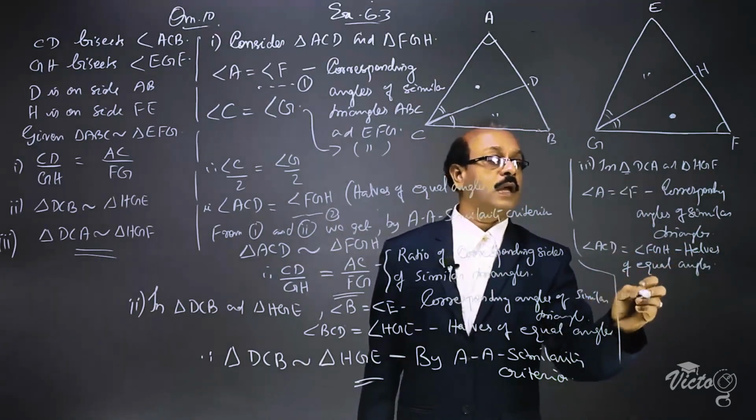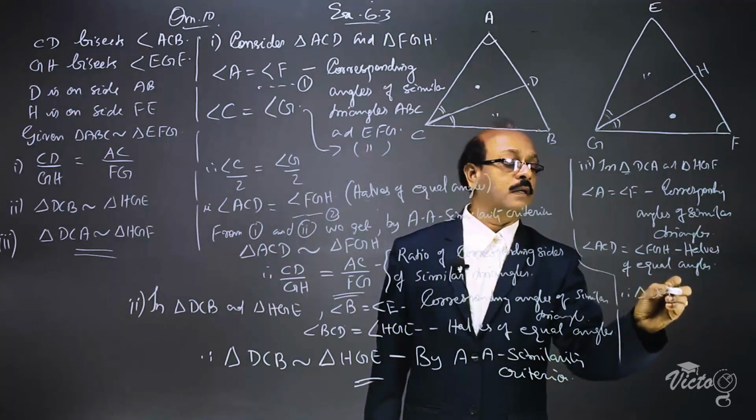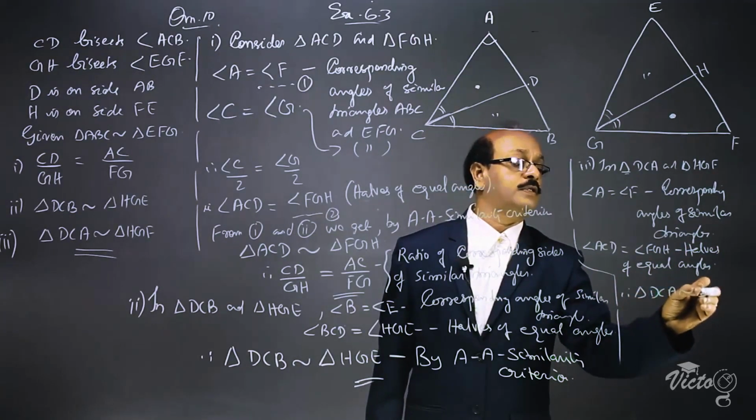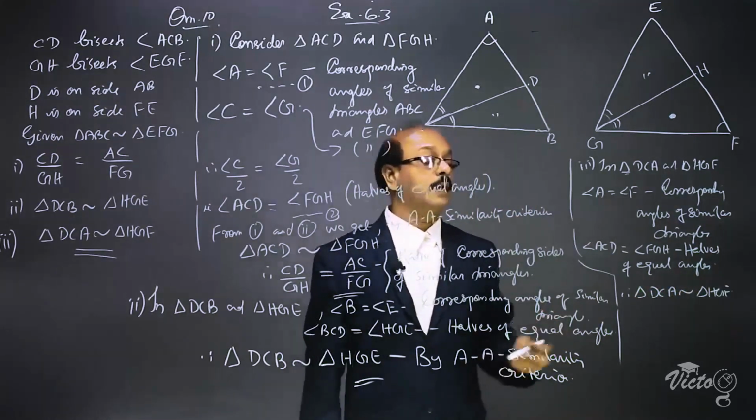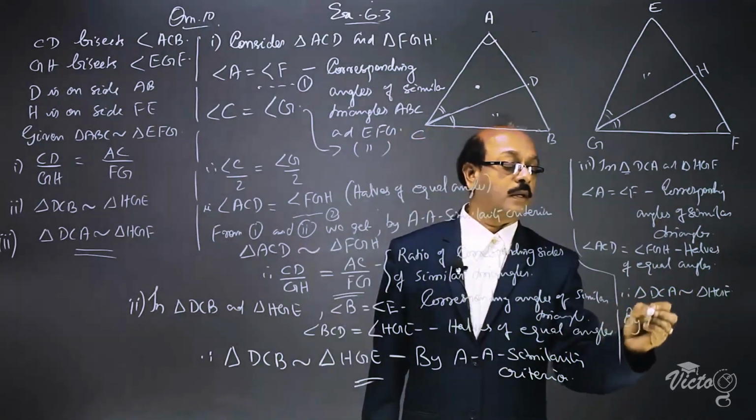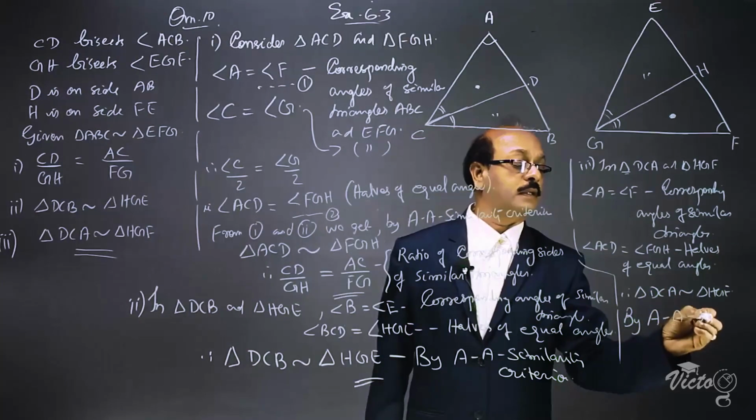So, triangle DCA is similar to triangle HGF. The reason is by AA similarity criterion.